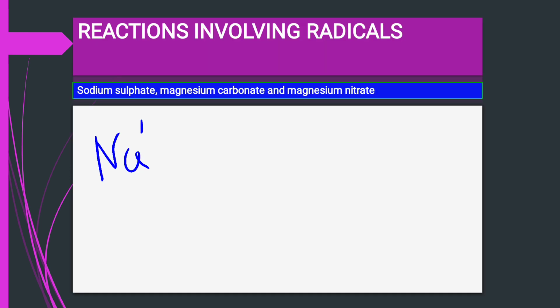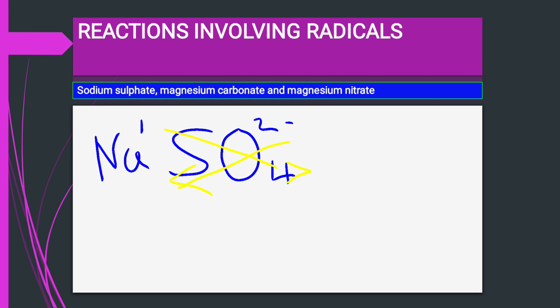So we write sulfate here, and then its valency is 2 negative. So what do we do? We interchange these valencies like this.